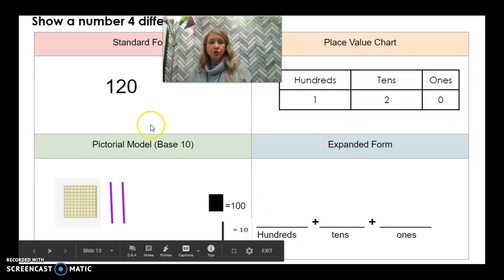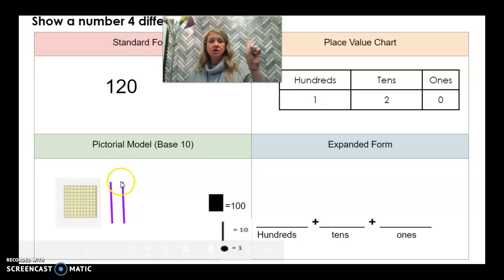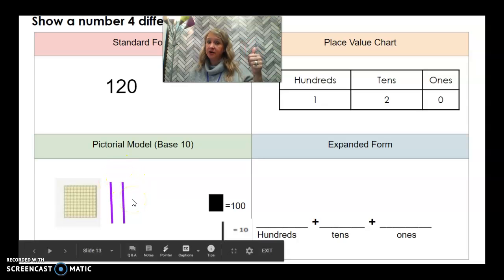Now we're going to write the number 120 in expanded form. How much is 100? Well, if you count by hundreds, you would start with 100. What about the tens? How much is 2 tens? Count them by tens. 10, 20. Very good.